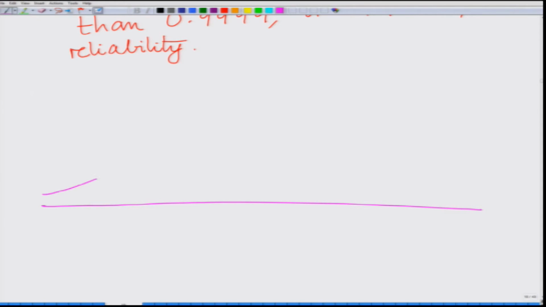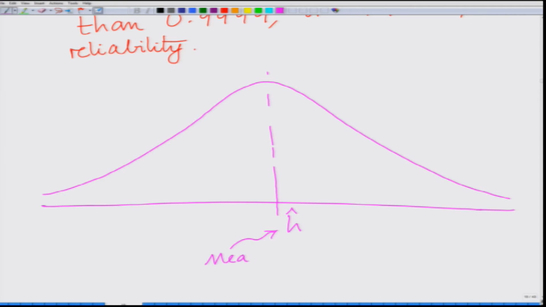this is our posterior Gaussian distribution, and the mean of this posterior is h hat, correct. And therefore, what you can see is that if we consider a sigma by 2 radius around this, for instance, this is your h hat plus sigma by 2, and this is h hat minus sigma by 2.